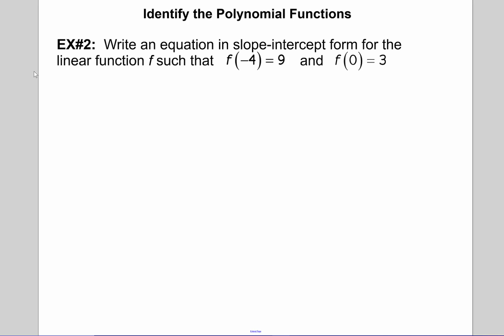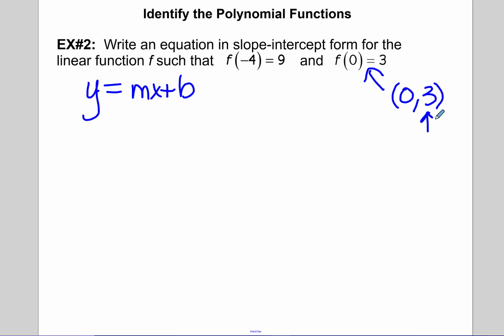In example 2, we want to be able to write an equation in slope-intercept form. So that's our famous y equals mx plus b. Now, what do you notice about this? I'm hoping you notice you have the b value here. This is my b value because my ordered pair is 0, 3, and 3 is the b value sitting on the y-axis.